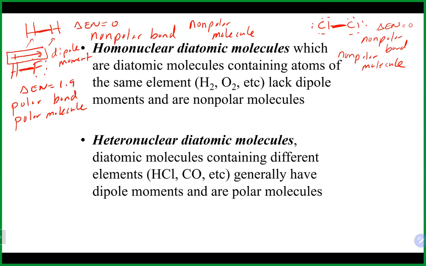So the simplest ones to figure out molecular polarity is when you have diatomic molecules. If the bond is nonpolar, then the molecule will be nonpolar. If the bond is a polar bond, then the molecule will be polar. It doesn't matter if the bond is single bonded, double bonded, or triple bonded in the diatomic molecule. It makes no difference. It is really just what type of bond you got going on in there.